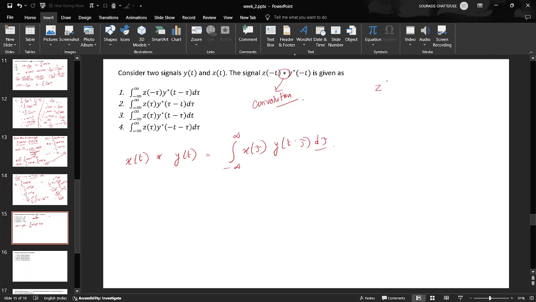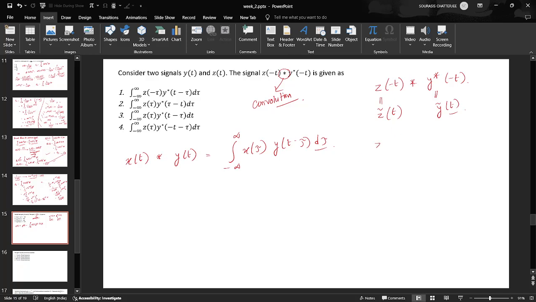We are given z of minus t convolution with y star of minus t. Okay, so first consider this z of minus t as z tilde of t, and this one here, y star of minus t, consider y tilde of t.